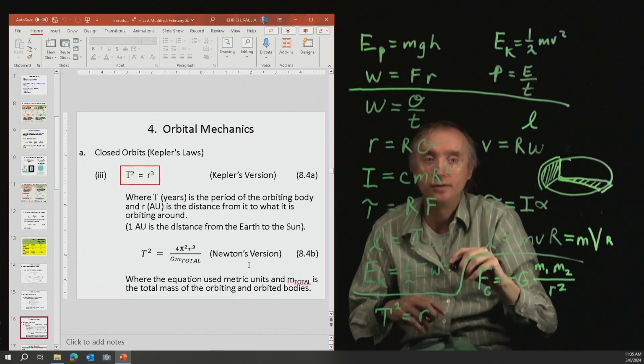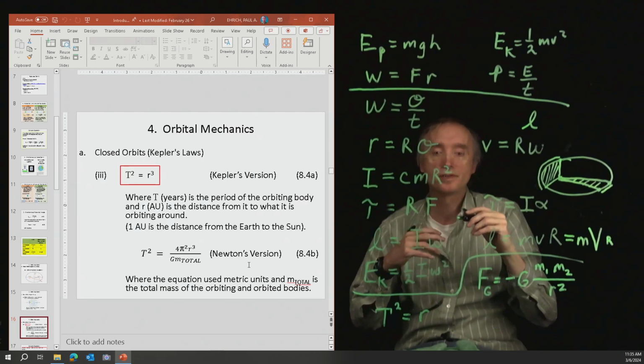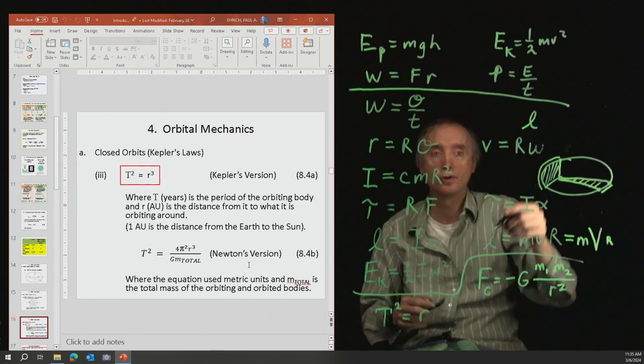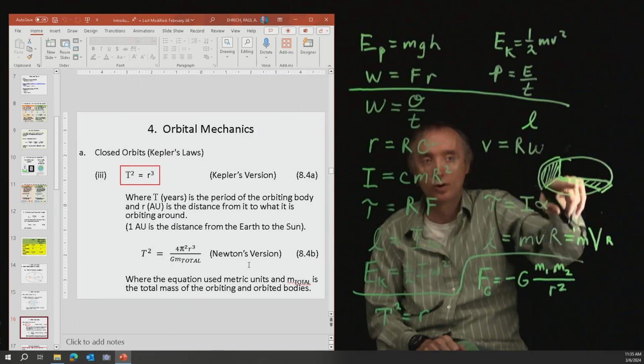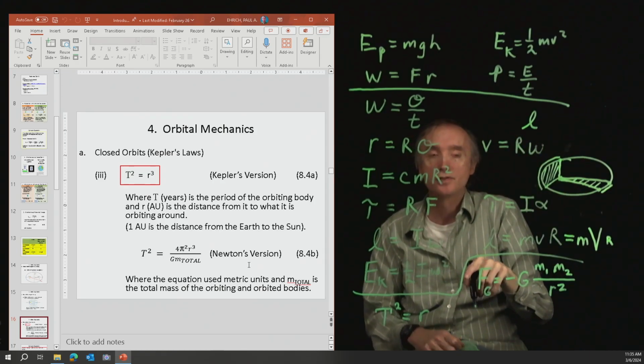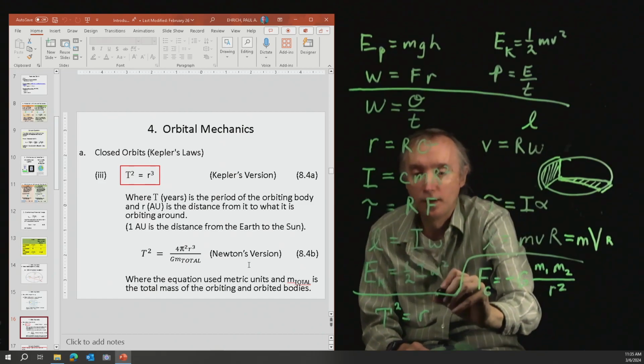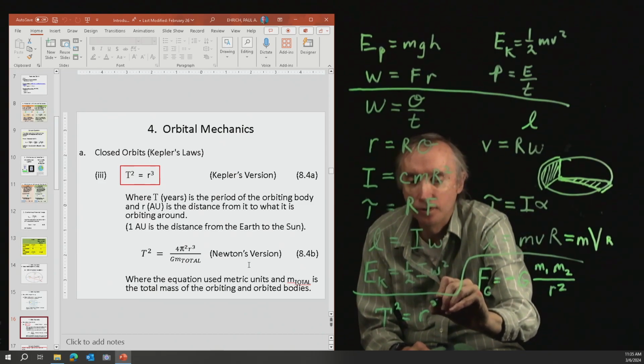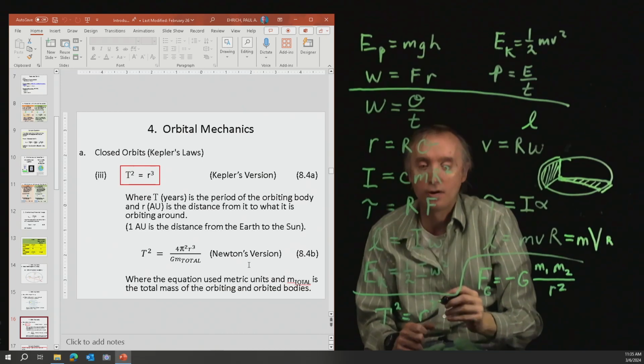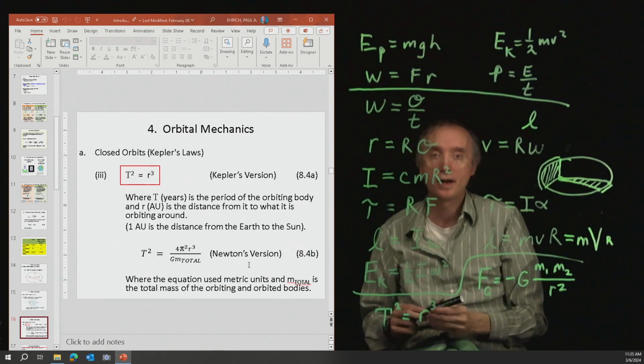Now actually it's the semi-major axis, but we're assuming that the orbit is basically a circle, so that we could use the radius of the orbit as being the r. And then it's going to be r cubed. So r raised to the third power.